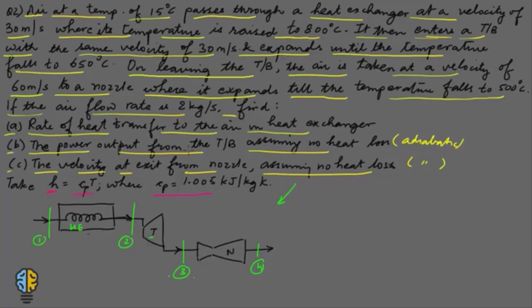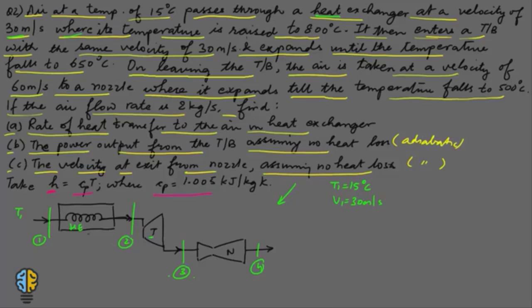The temperature of the air is how much? It is 15 degrees Celsius. So at section 1 you have T1, which is 15 degrees Celsius, and it enters the heat exchanger at a velocity of 30 meters per second. So V1 is 30 meters per second.